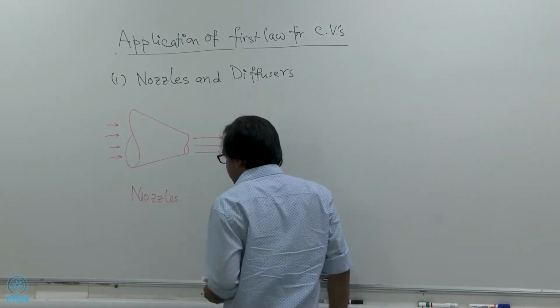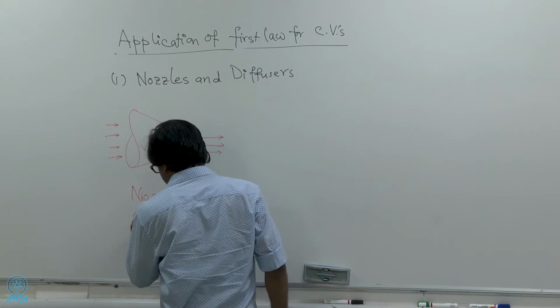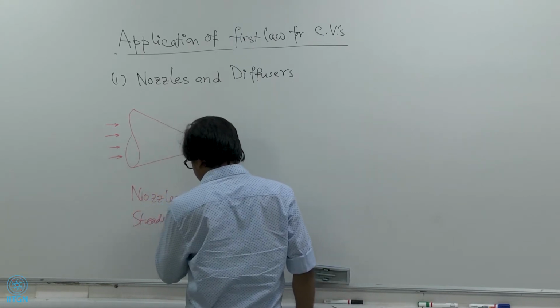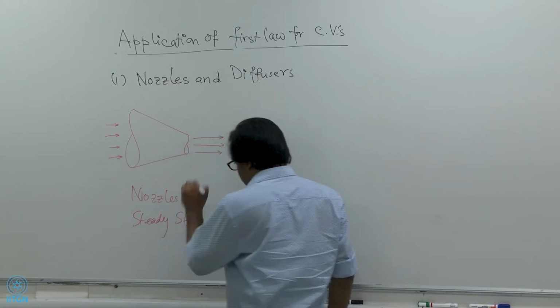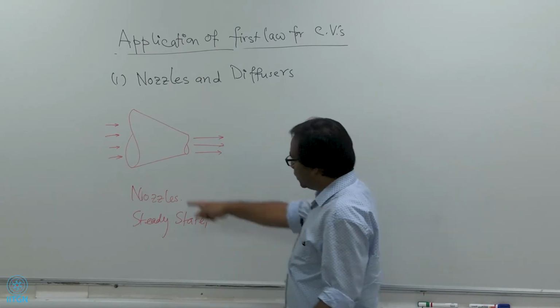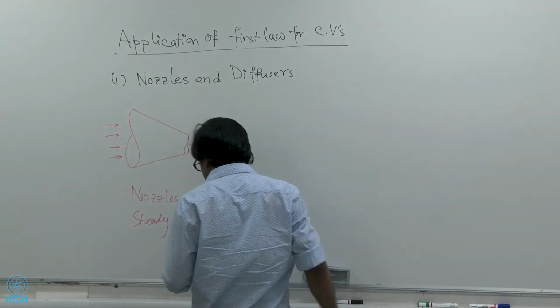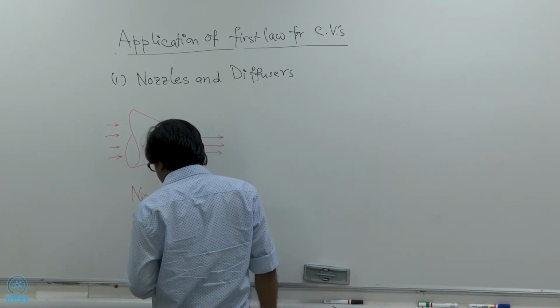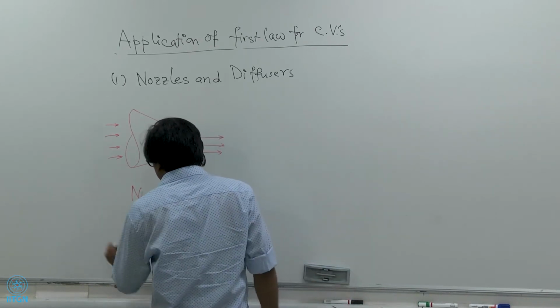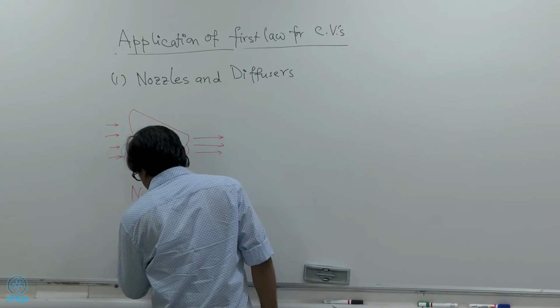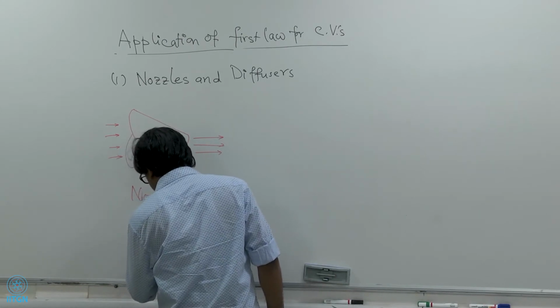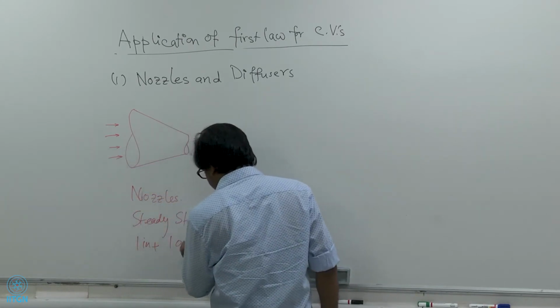So, this is a steady state device, with only one inlet and one outlet. That checks out with the first law that we have written on the other side of the board, that is, it is compatible.